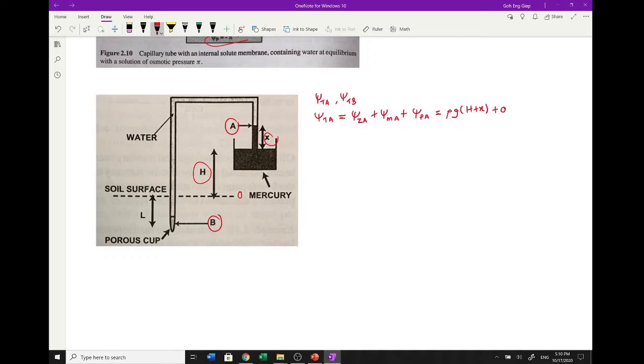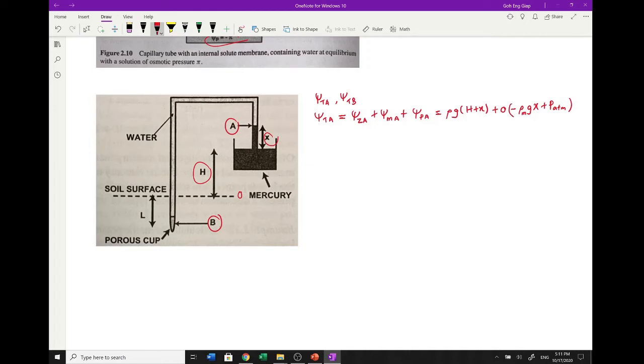All right, how about the hydrostatic potential? Here I think we have to take into account that the mercury is being pulled out, so it has to be negative: minus rho mercury g X. And also the atmospheric pressure, P atm.